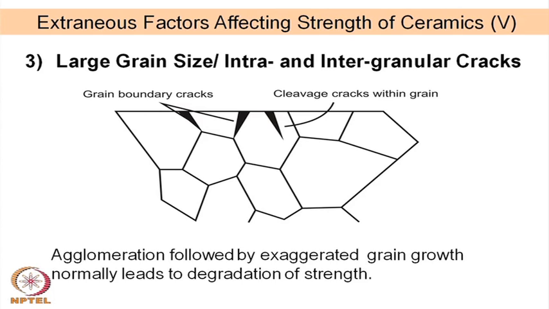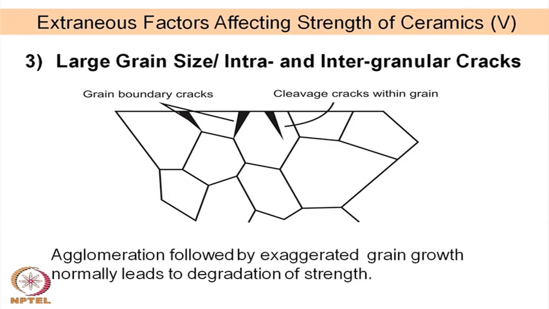After a certain amount of densification, if you continue to heat for a longer time, very close to the melting point, you will get an exaggerated grain growth, and that will lead to a weaker material because of the intergranular or cleavage cracks, which are possible at higher grain sizes. So, this is one of the reasons why higher grain size material will have a lower strength, and smaller grain size will have a higher strength.